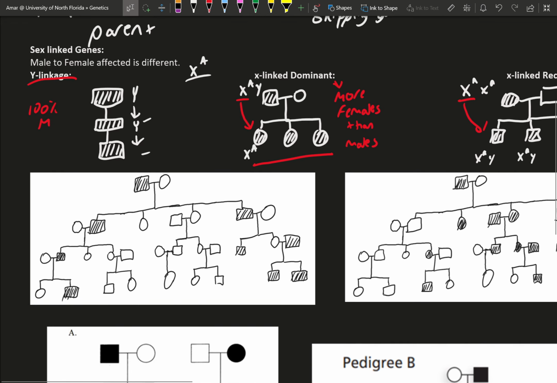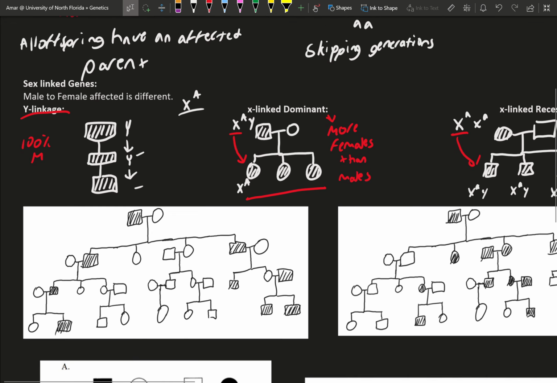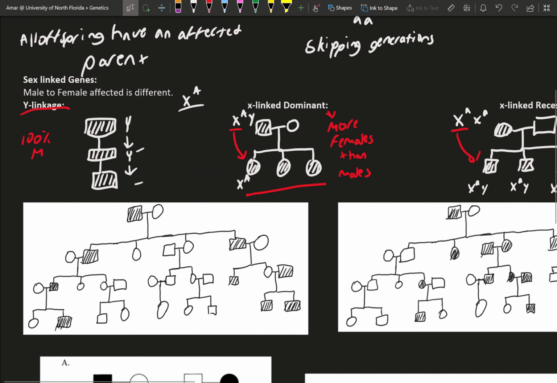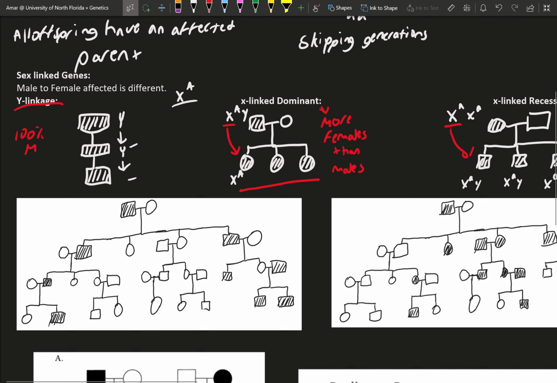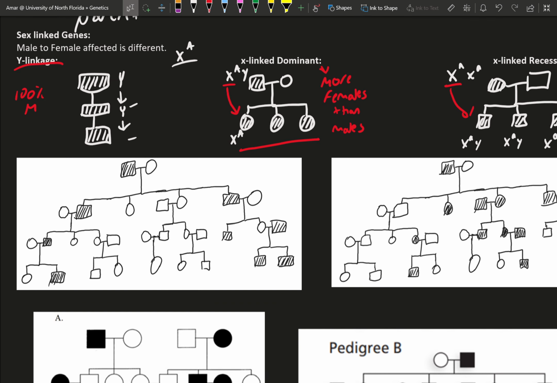What I recommend for a lot of students is to first try to figure out if there's sex linkage or if there isn't. So what I recommend doing first is the easiest one, Y linkage. Figure out if there's Y linkage or not. So the first one that we have is an affected grandfather.